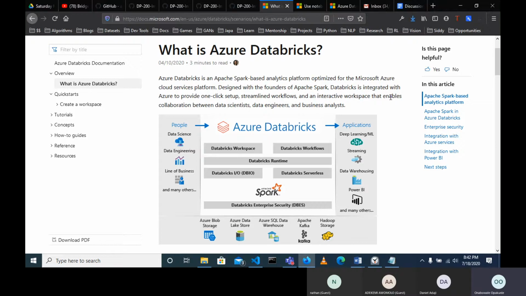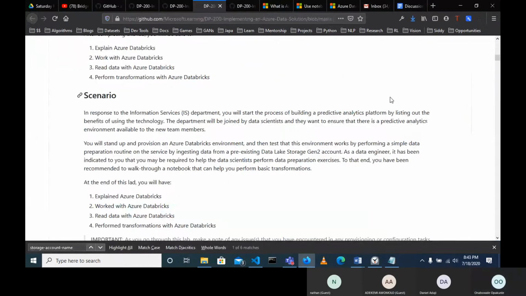It's designed with the people that made Apache Spark, and it is integrated with Azure to provide one-click setup, streamlined workflows, and an interactive workspace that enables collaboration between data scientists, data engineers, and business analysts. Now, looking at this scenario, please let me know why you think Databricks will fit in perfectly.